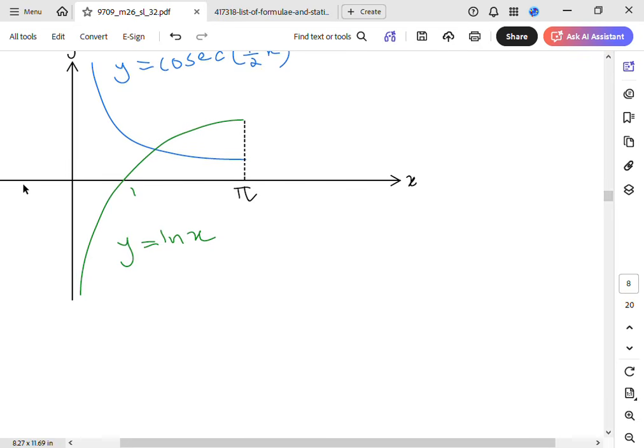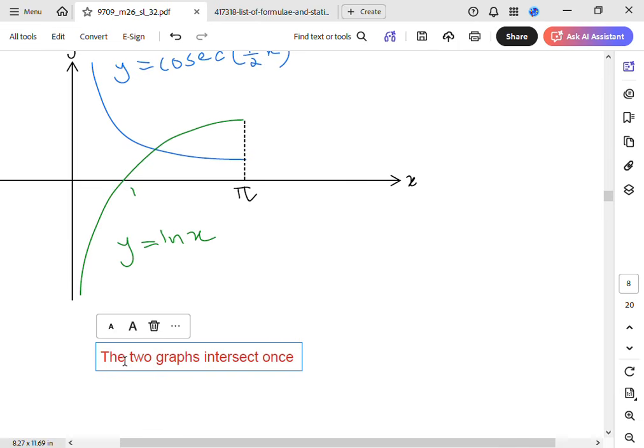So let me mention it here. The two graphs intersect once, so there is only one, I believe it says root, right?